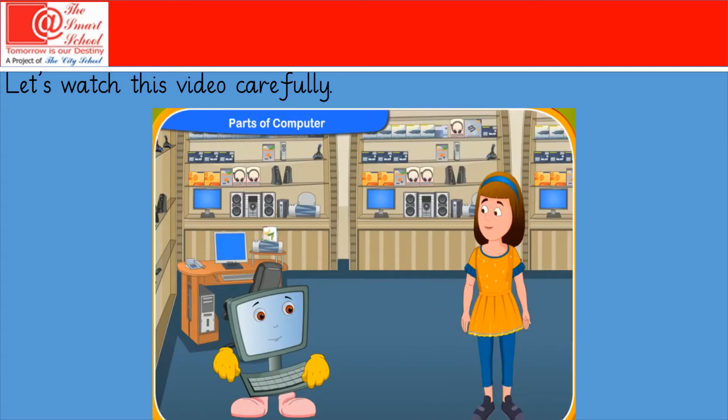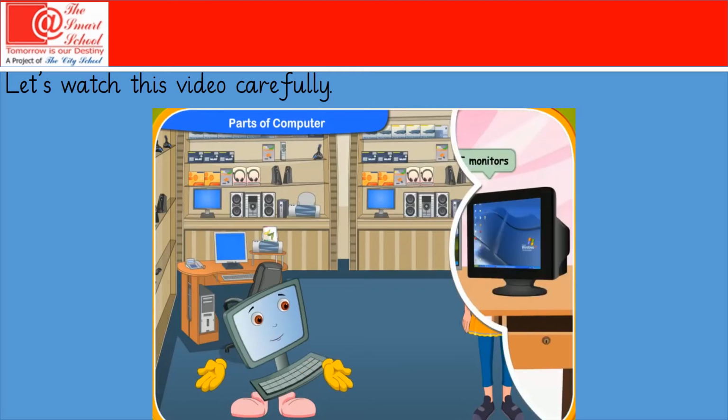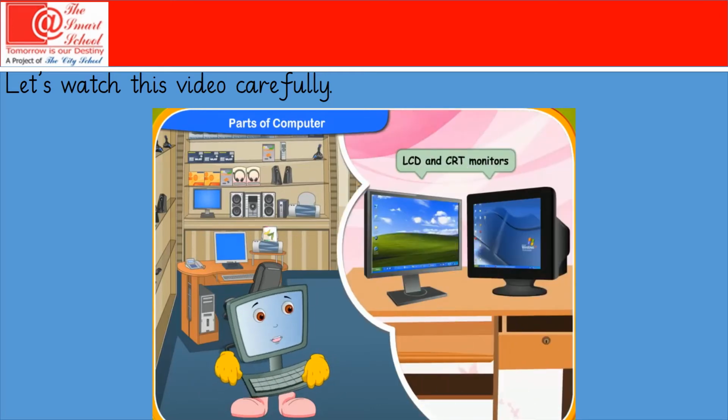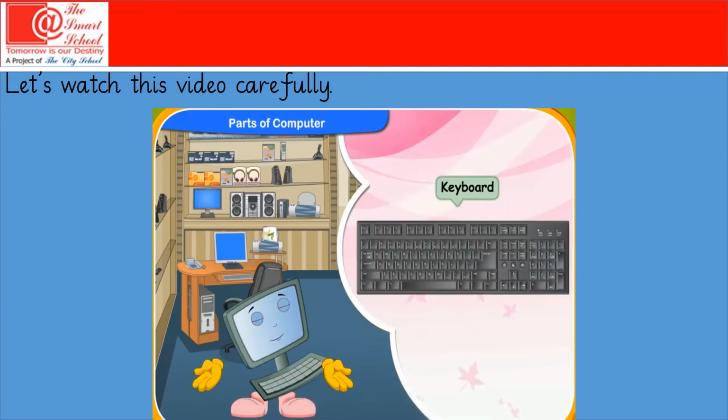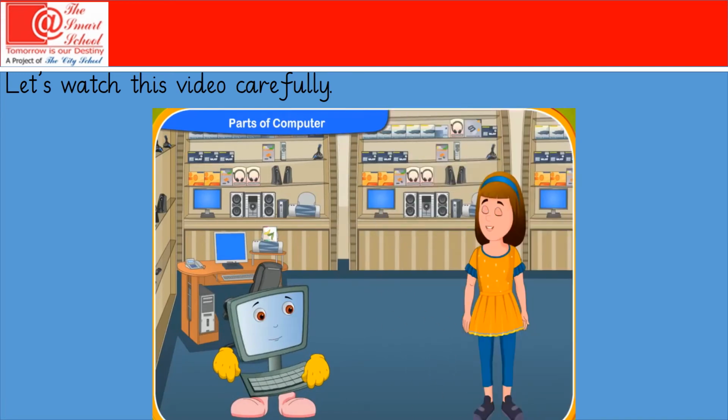Look, Clicko, these two monitors look very different from each other. Yes, Rennie. Nowadays, monitors come in different shapes and sizes. There are basically two different types of monitors, CRT and LCD. And this is the keyboard. Yes, I know that.